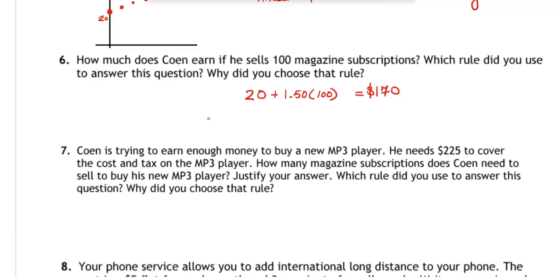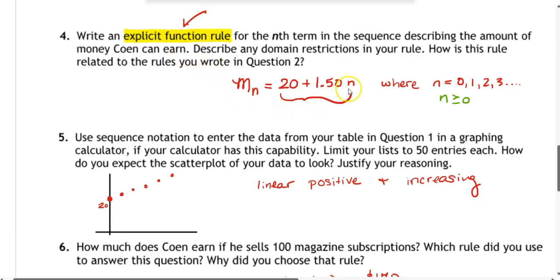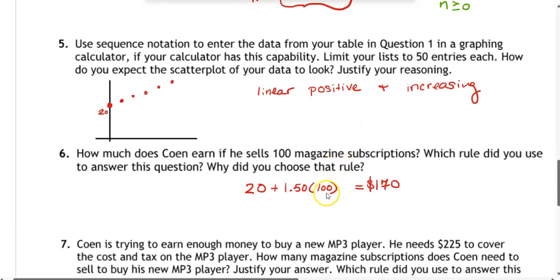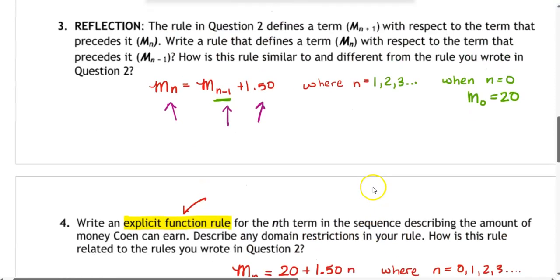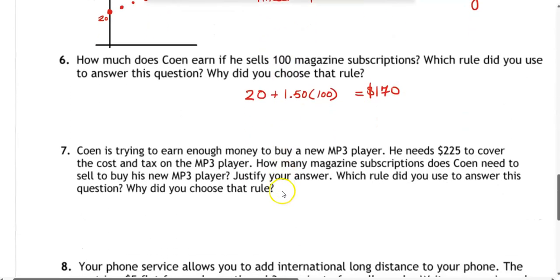So obviously we're going to choose the explicit function rule in this case because that has the input-output relationship that we're looking for, where I can input the number of subscriptions that I'm looking for and get the output right away. Whereas with these, I would have no idea. I don't have an input for m sub n, or for m sub n minus 1 that I would need to get me 100, because it's so far into my sequence.